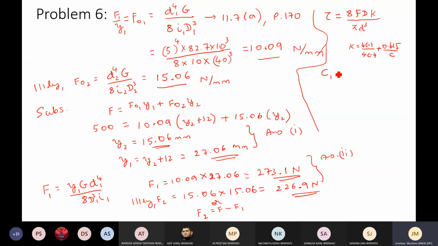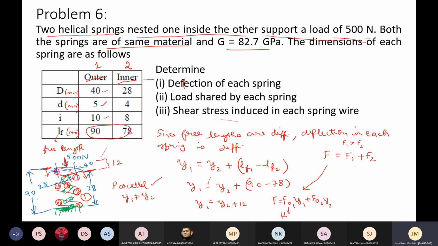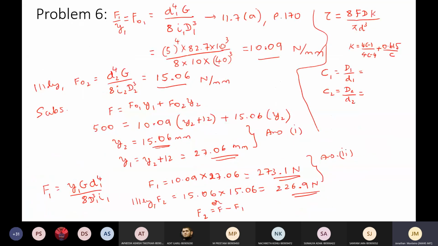So C1 for the first spring is D1 by d1, and C2 for the second spring is D2 by d2. C1, if I go back to the data, is 40 by 5, which is 8.